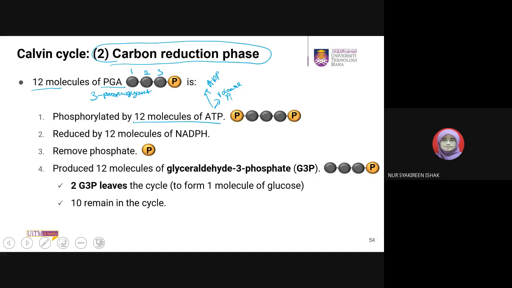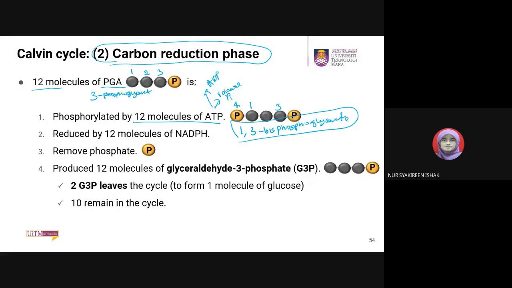Kita namakan dia sebagai 1,3 bisphosphoglycerate. Nampak? Phosphate attached to carbon number 1 and carbon number 3. So the molecule is 1,3 bisphosphoglycerate.